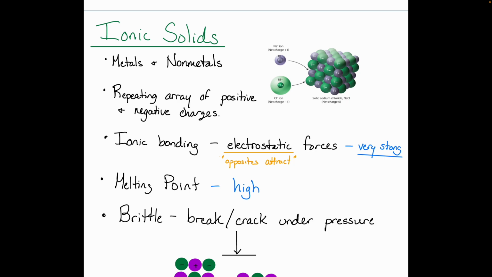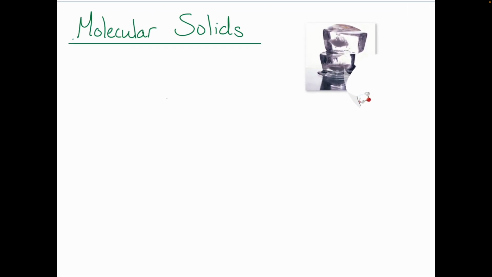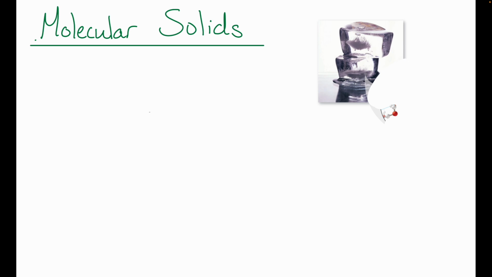We also talked a lot about molecular compounds or covalent compounds. Whereas our ionic solids are metals and nonmetals, our molecular solids are only which one? Only nonmetals.